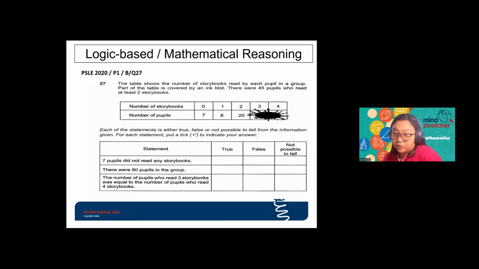Some of them you can do working, you solve, and you will know whether it's true or false. But why is there a column not possible to tell? It is because there's not enough information. So the answer may be true, it may also be false. When that is the case, we would say that it is not possible to tell, right?